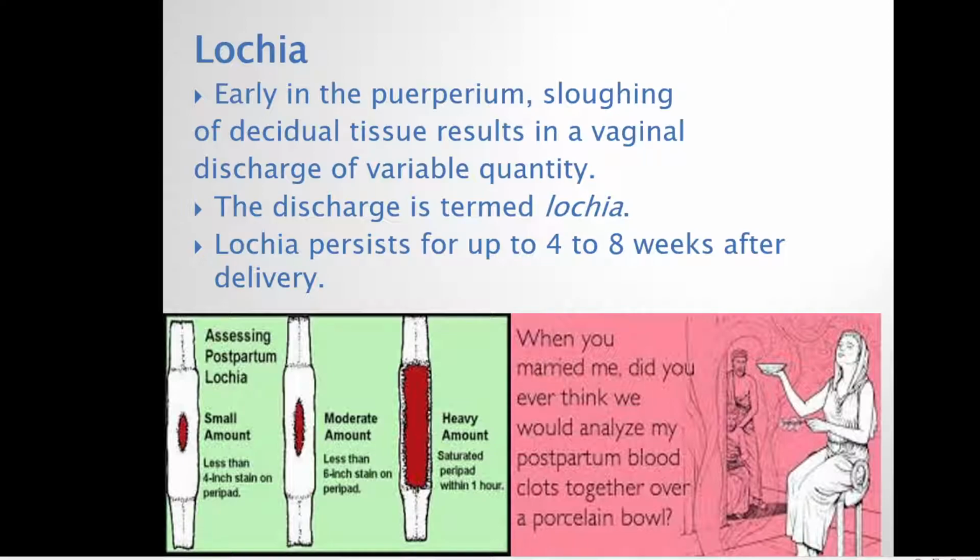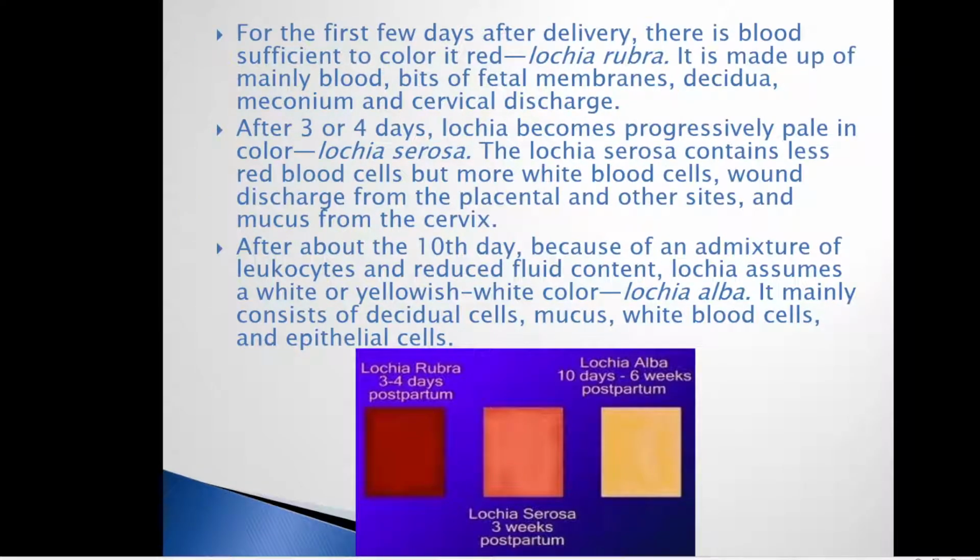There may be different amounts, small, moderate, and heavy, and they are different according to the day after labor. For the first few days, it's lochia rubra. It's made up mainly of blood, bits of fetal membranes, decidua, meconium, and cervical discharge.